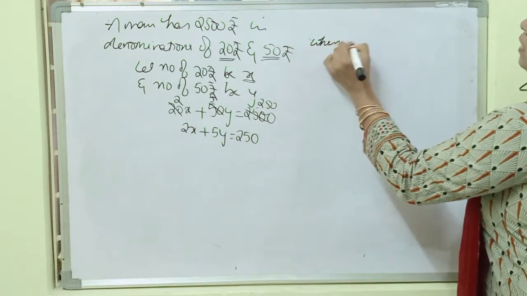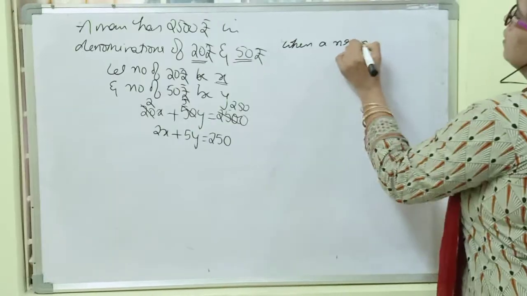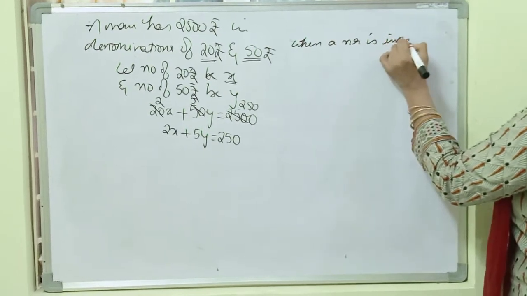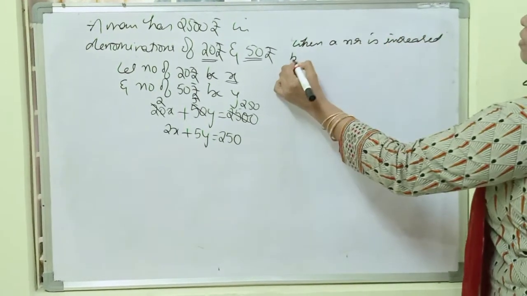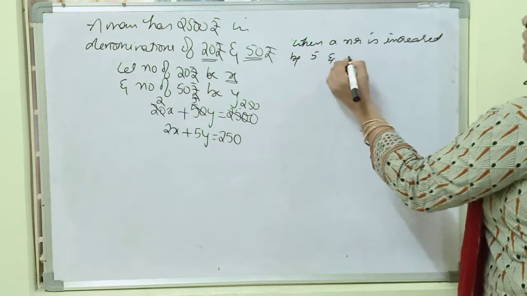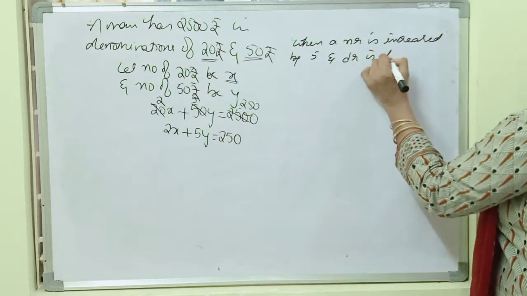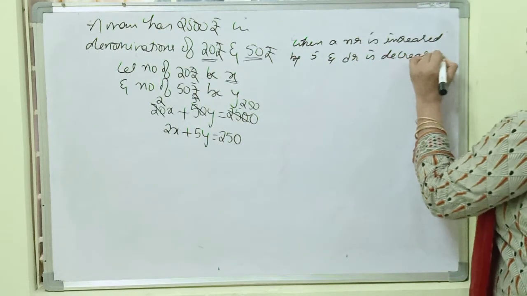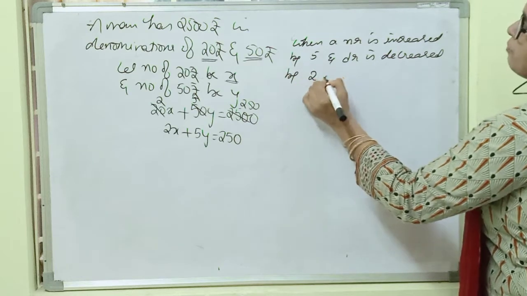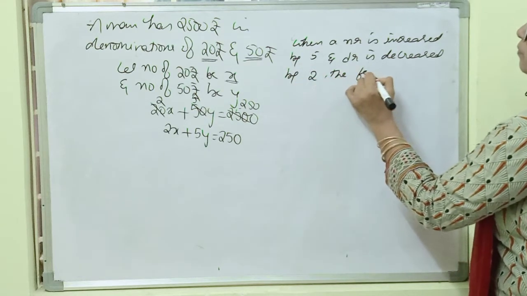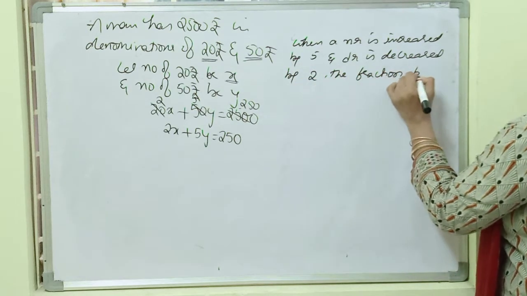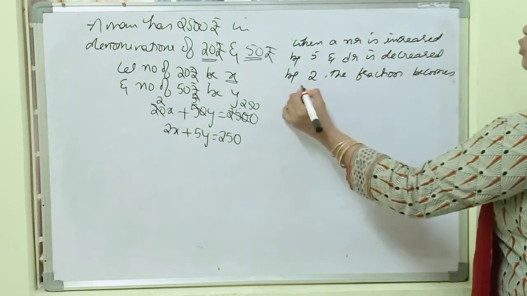When a numerator is increased by 5 and denominator is decreased by 2, the fraction becomes 2 by 3.